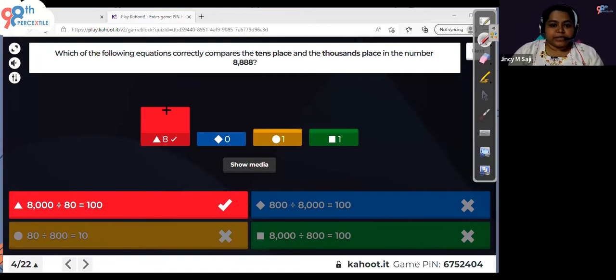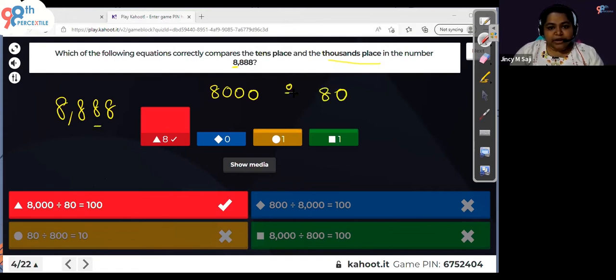So let's see here. It is 8,888. We know this is the thousands place, so it is 8,000. And the tens place is this one, which is 80. When we are comparing, 8,000 over 80 would give us 100.